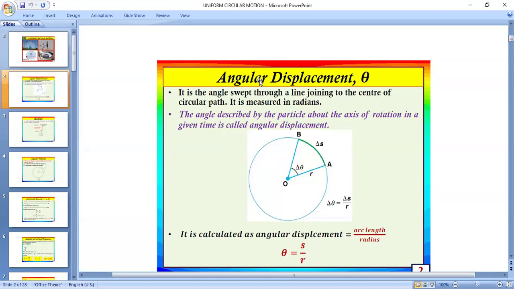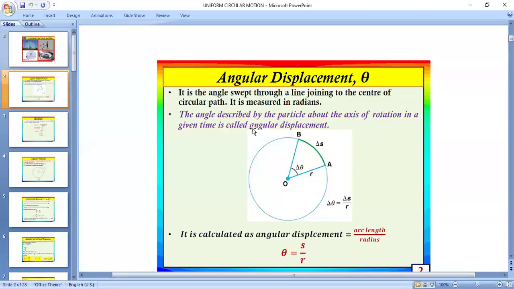But when it comes to angular displacement, then this is not length, but it's an angle. We can see it's over here, angle AOB. That is the angular displacement. And it's denoted by theta, and it's not measured in degrees. It's measured in radians.